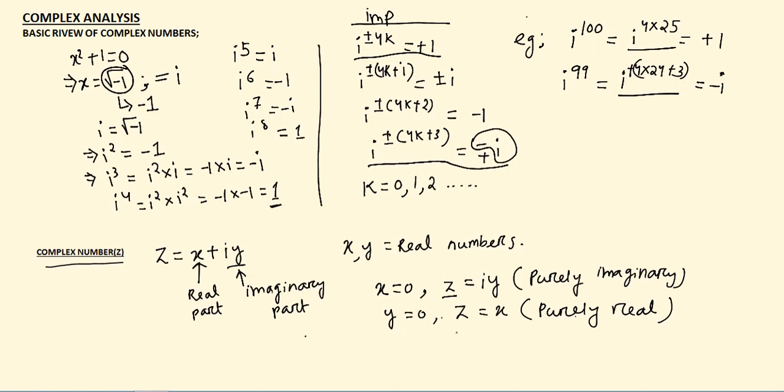So we can safely say that basically all numbers, whether real or complex, are complex in nature, provided the values of x and y are 0 or not.